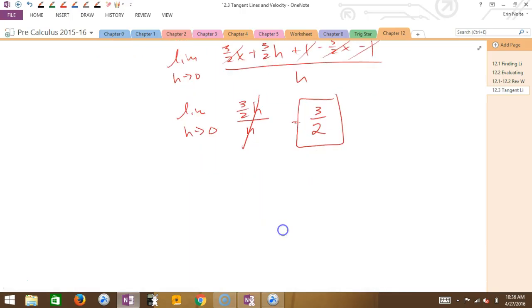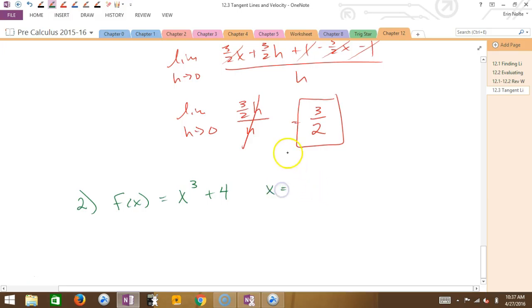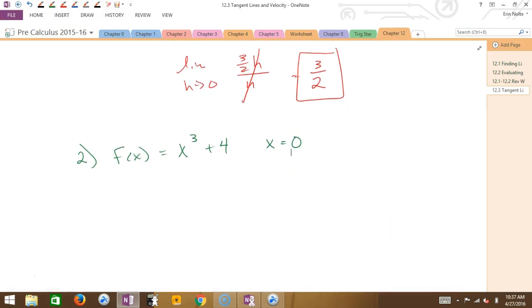It gets a little bit more exciting when we have something like this. Let's say we're looking at x equals 0. How would I do this?